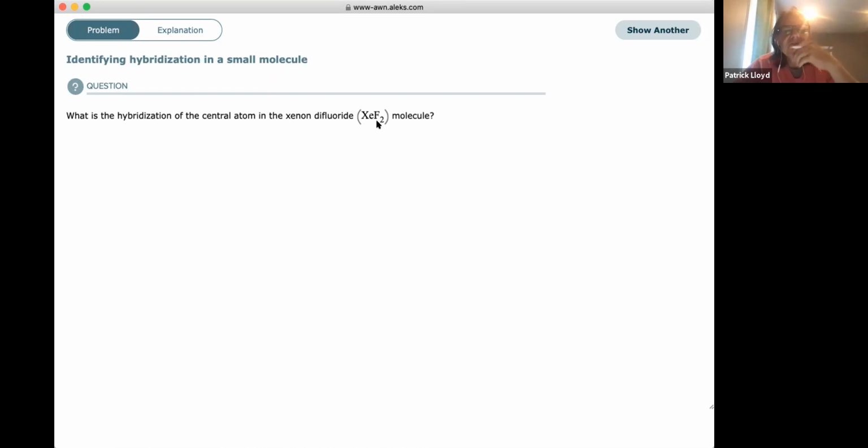Okay, so XeF2, well, again, this is one of those kind of exotic molecules. So all you've got to do is get this Lewis structure right. It's not XeF2 minus or anything like that. It's not an ion. This has 8 electrons. Each of these has 7, right?